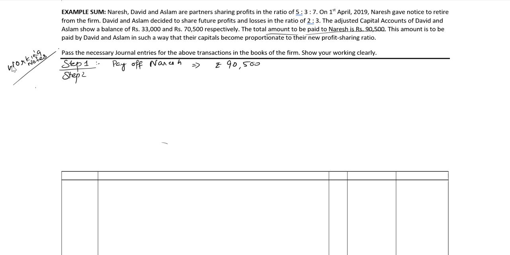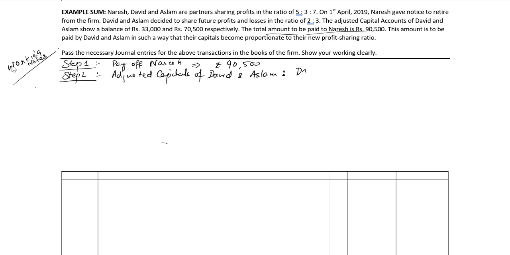Step 2 is to get the adjusted capitals of the continuing partners, which is of David and Aslam. The statement says the adjusted capital accounts of David and Aslam show a balance of rupees 33,000 and rupees 70,500 respectively.